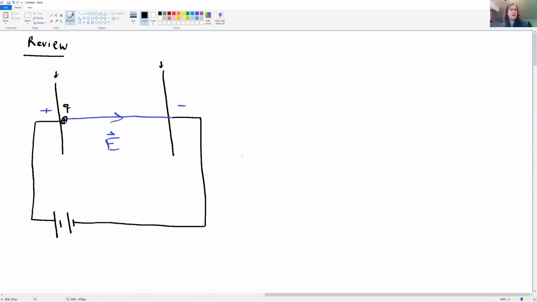I'll give you guys some time to copy this down. So we just simply have two plates connected to a battery here, potential difference delta V. Give me a thumbs up when you're done copying this down.